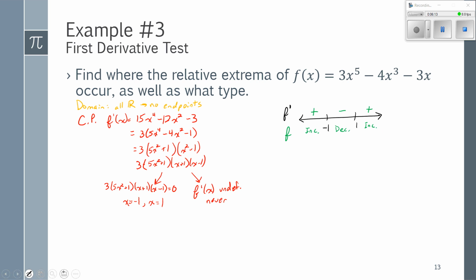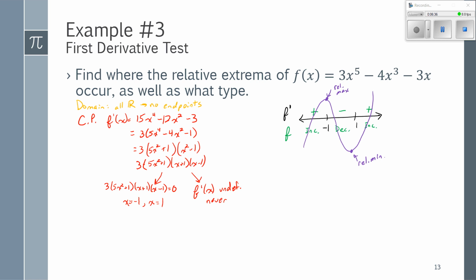So on my sign chart, some people like to do a quick little sketch of a function while it's going up, down, and up. Again, that's just a little sketch showing increasing, decreasing, because then this is easier to see. Right here, I'm going to have a relative max. And right here is a relative min.